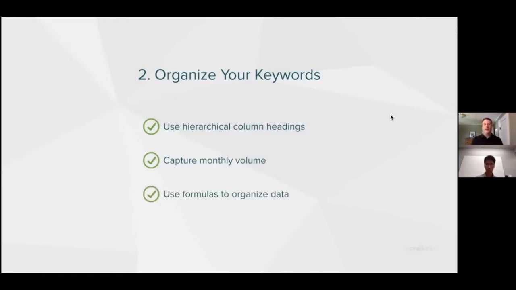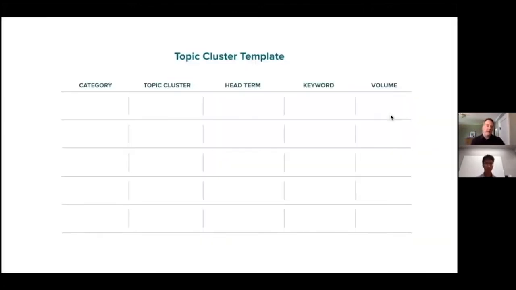That way you can really help prioritize how you're going to tackle writing them individually. I actually have a really simple template that I'll be sending around in an Excel sheet. We'll follow up with an email, so you can use that if you don't have one. It lays all this out for you already and has the formulas built in, so if you start populating it with your keywords and search volume, as you map those to head terms and topic clusters, it'll automatically sum those up, so you'll have an idea of the total volume you're working with for each one.